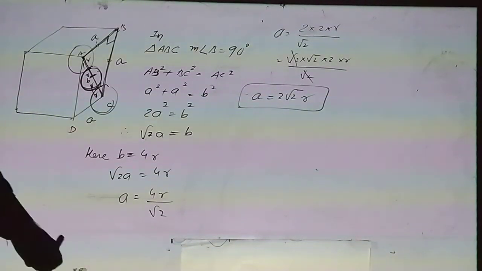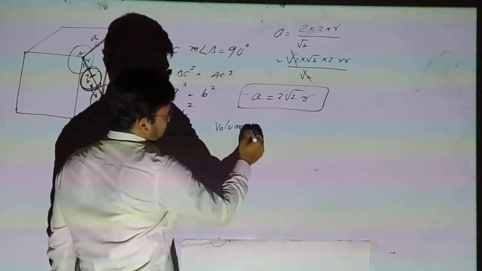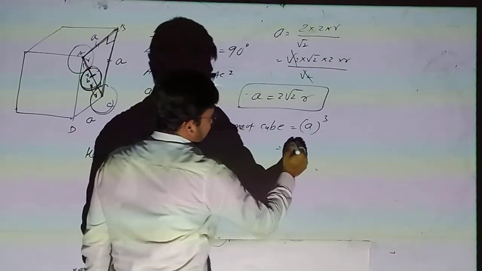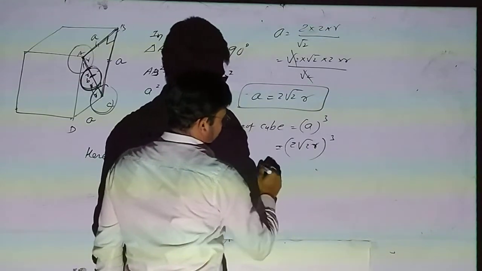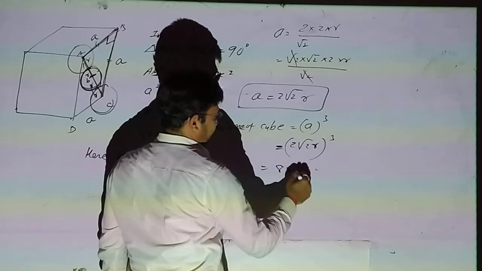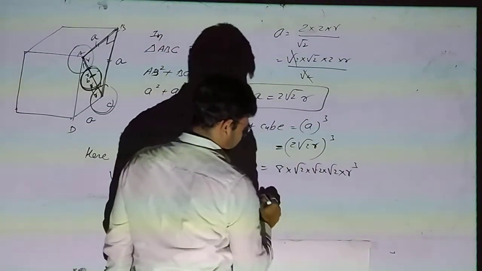So now the volume of the cube is a cube, 2 root 2 r cube. 8 root 2, 3 times, and r cube.